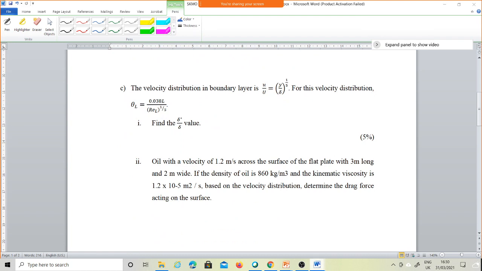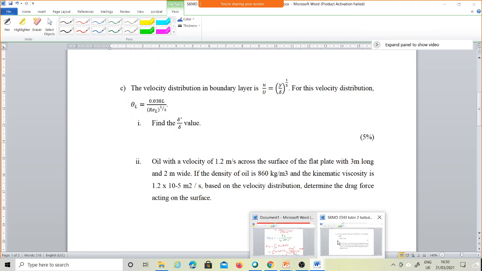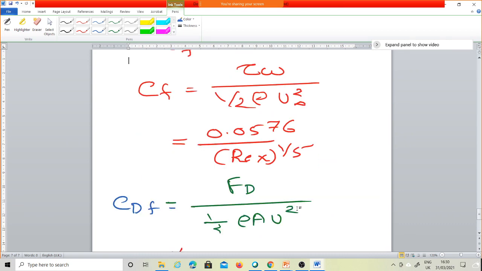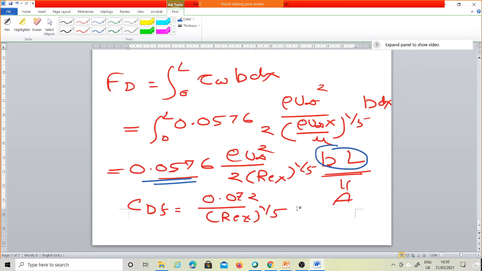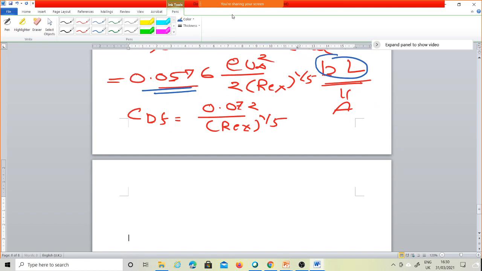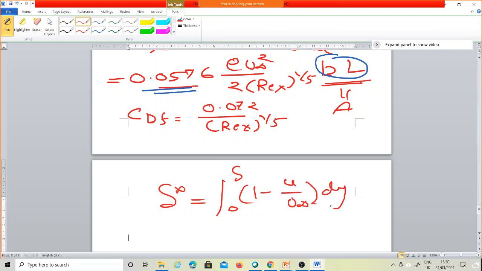How about this one? It's already given. Sometimes the expressions are given to you. Delta star is the integral from 0 to delta of 1 minus u by u infinity dy.